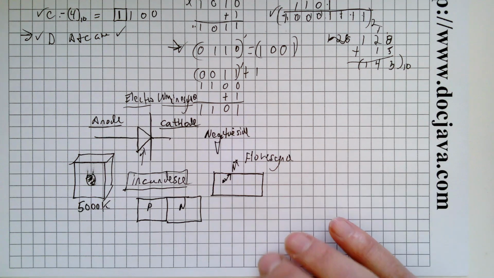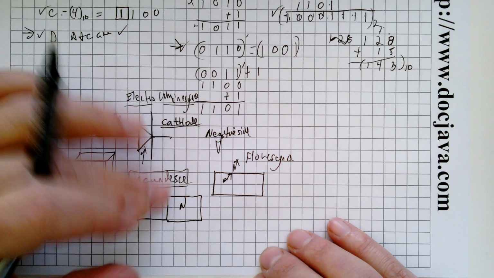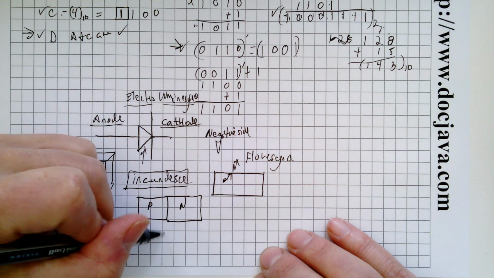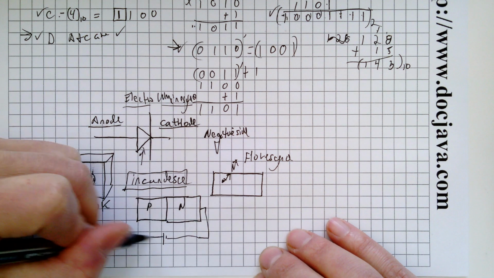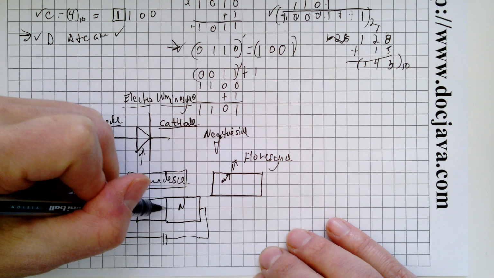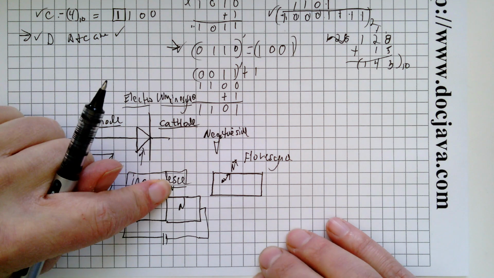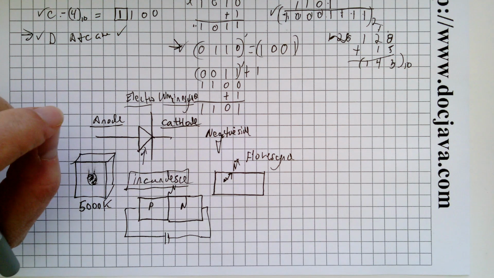That dopant gives a deficiency or an excess of electrons, so that when a current flows across the junction, a recombination occurs and photons are emitted from the junction. That's the basic principle behind these sorts of things.